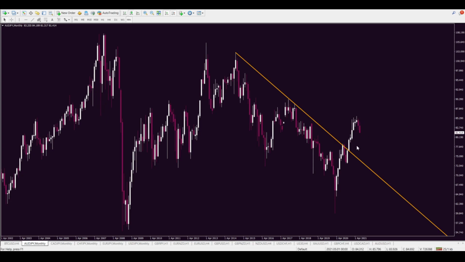All right. So we have a bullish trend right about here. So we have a low, high, higher low, higher high, and no rejection.